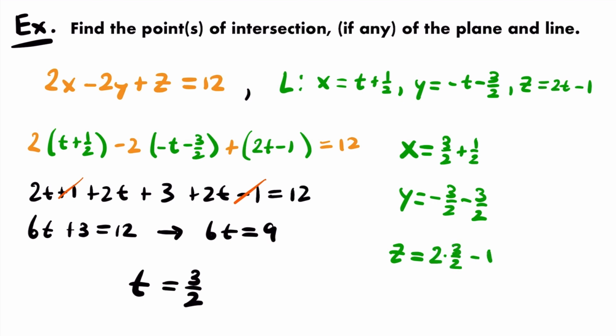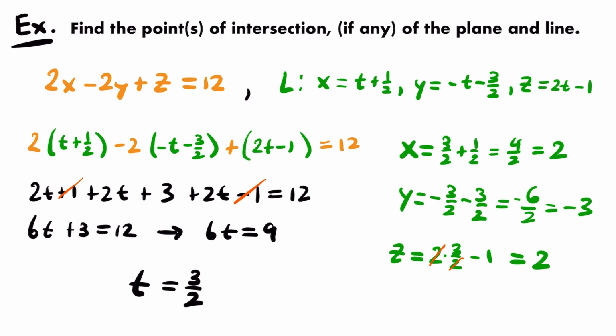Now if we simplify, 3/2 plus 1/2 is 4/2, and 4/2 is the same as 2. Then for y, we have negative 3/2 minus 3/2, which will be negative 6/2, and that is the same as negative 3. And then for z, we have 2 times 3/2. Those 2's will cancel out, and so we'll have 3 minus 1, which is equal to 2.